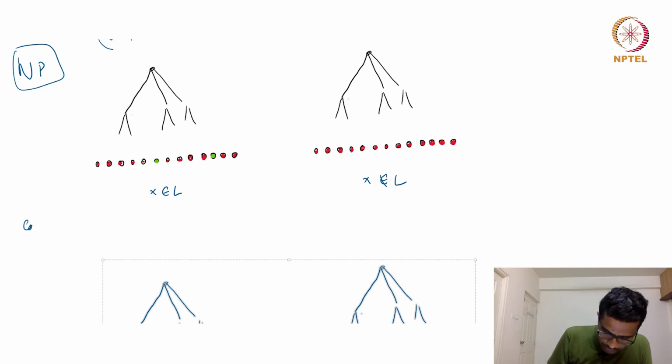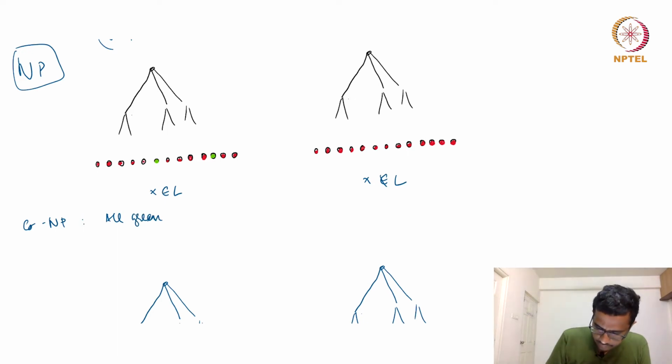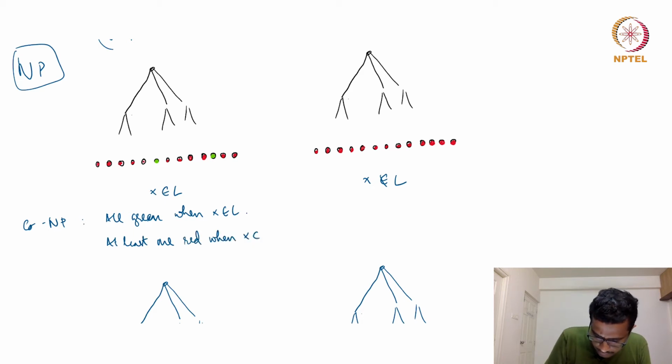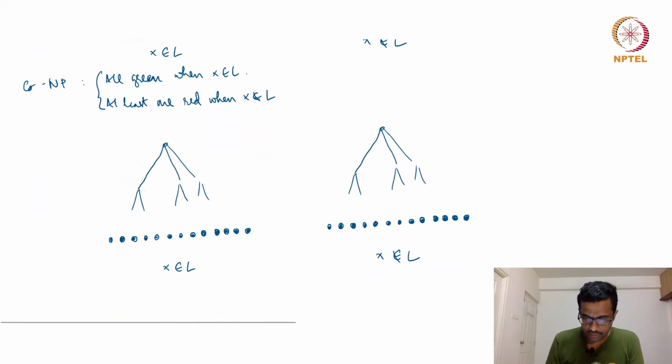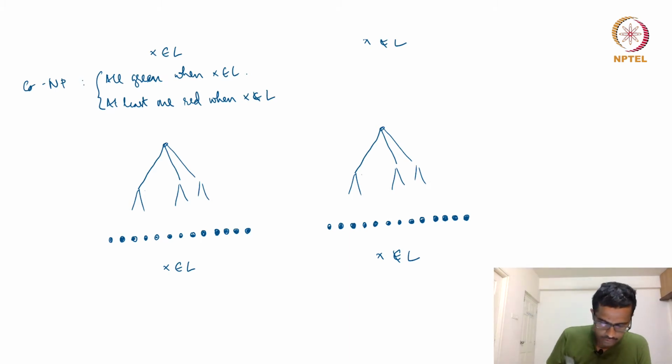Co-NP means all green when X is in the language, and at least one red when X is not in the language. This is co-NP. I am not drawing a figure for it, but let's try to understand.